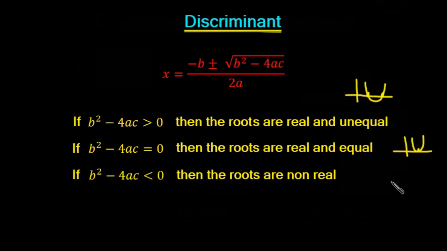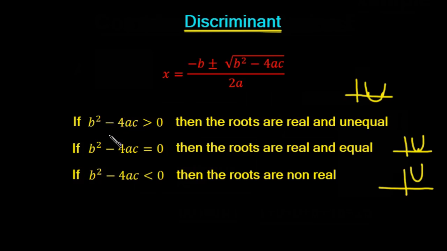And in the third one here, there were no real roots, so the function sat above the x-axis, so it didn't cross over the x-axis. And we can tell what our quadratic function is going to be like depending on these values here. That's the value of the discriminant.